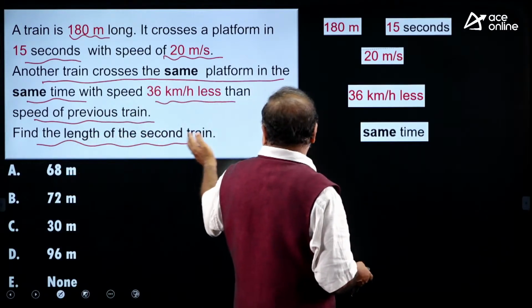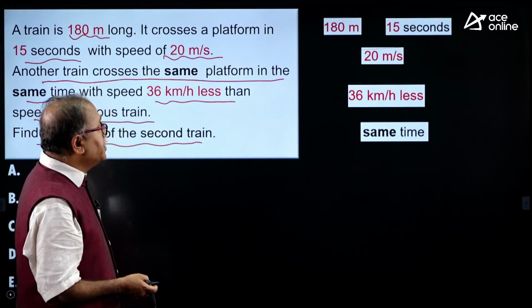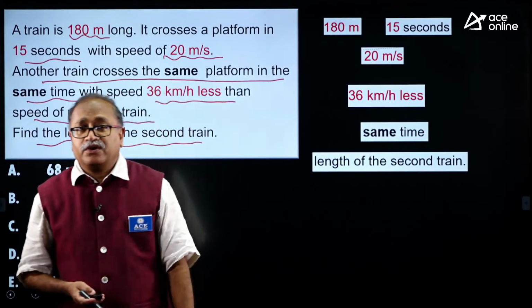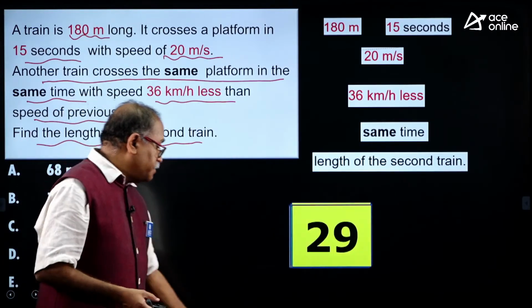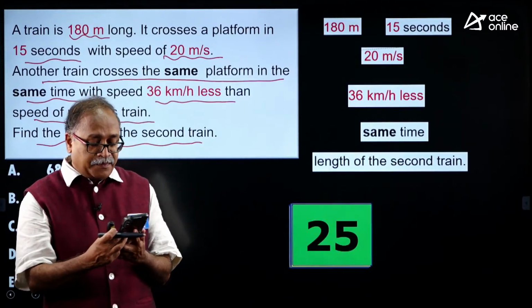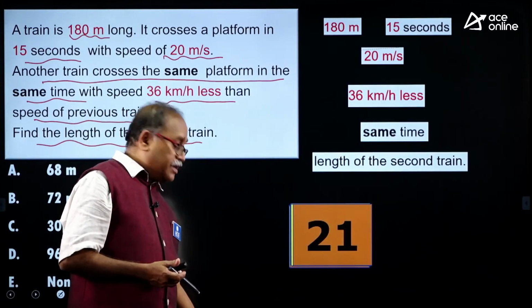It is said, find the length of the second train. Yes, yes, my dear friend, the length of the second train has to be worked out. Take your 30 seconds. I am sure some of you will be able to answer the question. Come on, find the length of the second train.